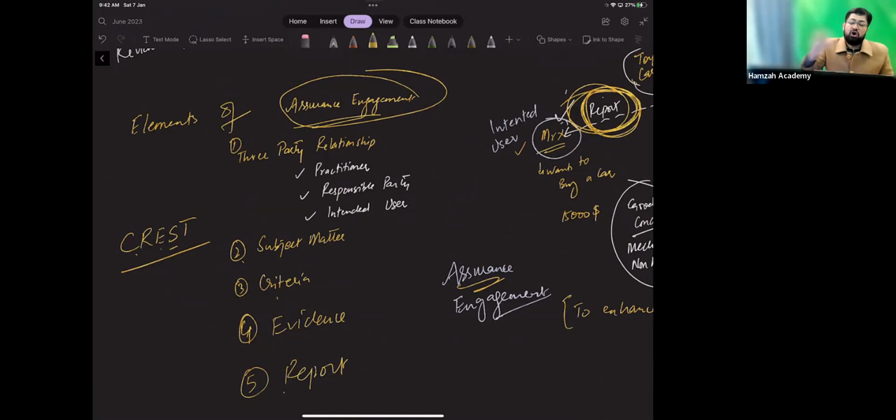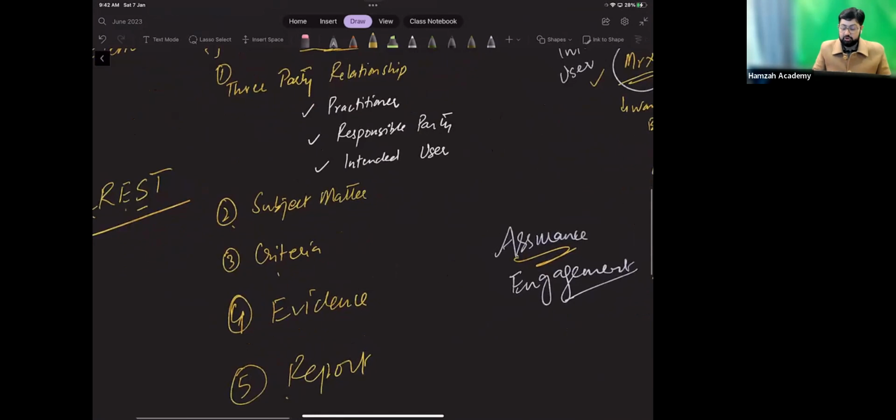Now I will link them with audit, because audit is also an assurance engagement. And if you just think about your daily life, you will find multiple people providing assurance services. Now, practitioner: the auditor is the practitioner. Responsible party: the directors of the company.